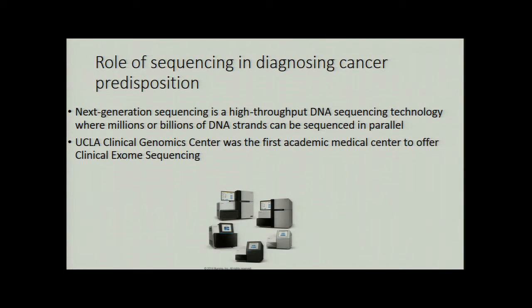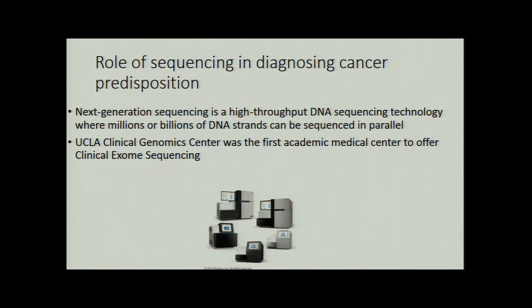So today we have the ability to utilize cutting-edge sequencing technology to comprehensively evaluate for various genetic disorders, including cancer susceptibility. Next-generation sequencing is a high-throughput DNA sequencing technology where millions or billions of DNA strands can be sequenced in parallel, yielding substantially more throughput compared to the classic Sanger chain termination method.